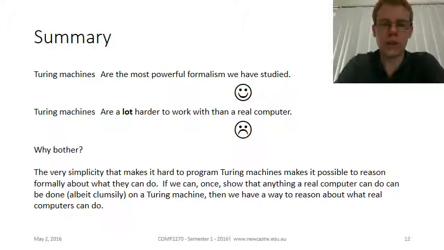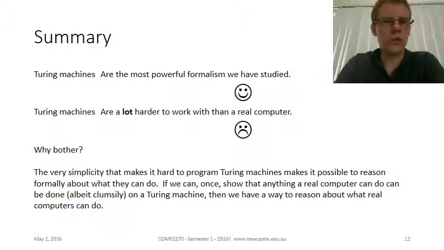If you were to try to design something using Python or another programming language to do some of the things that you've done before, even if you didn't use a library that did what we were talking about, it would still be far simpler to design bare bones code to compute functions or decide languages that we've talked about here before than it is with a Turing machine. So it's a bit hard to work with.